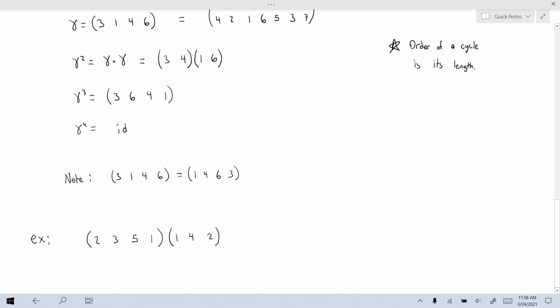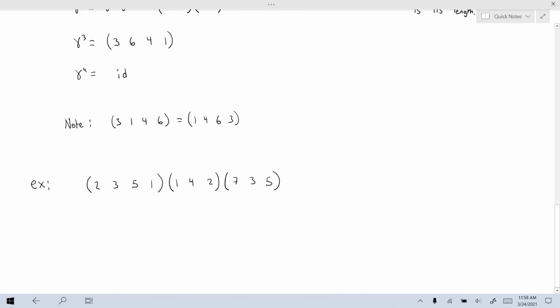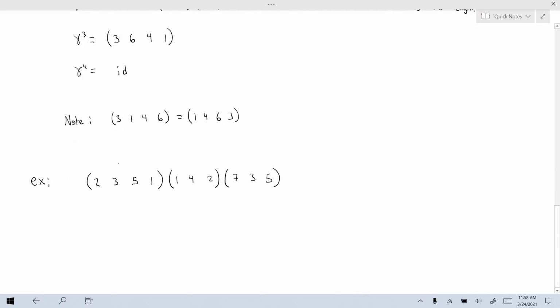And then let's say that's also composed with, let's do maybe, (7 3 5). All right, let's give these guys a name. So let's call this one delta 1. We'll call this one delta 2. Let me call this cycle delta 3.